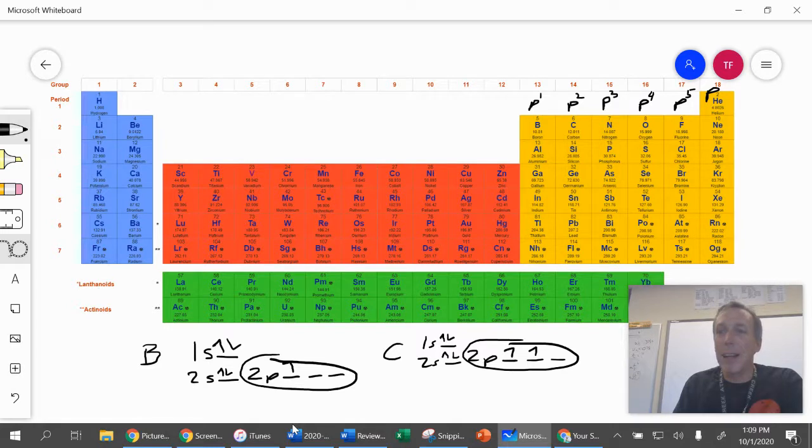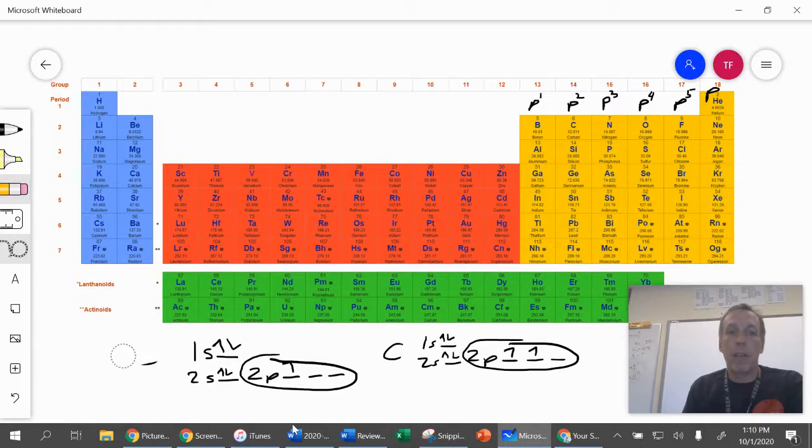So, p1 through p6. That's one of the patterns you should have recognized. We can also recognize the same type of pattern over here on these first 2 groups, the alkali metals and the alkaline earth metals. Let's take a look at those real quickly.